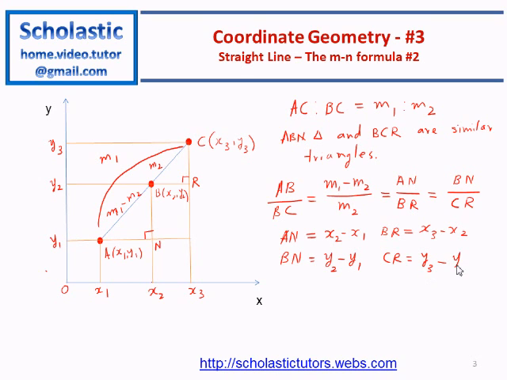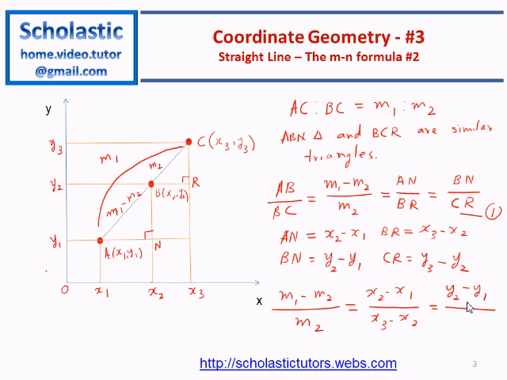Now we substitute all these values in equation 1. Then we get M1 minus M2 divided by M2 is equal to x2 minus x1 divided by x3 minus x2, equal to y2 minus y1 divided by y3 minus y2.